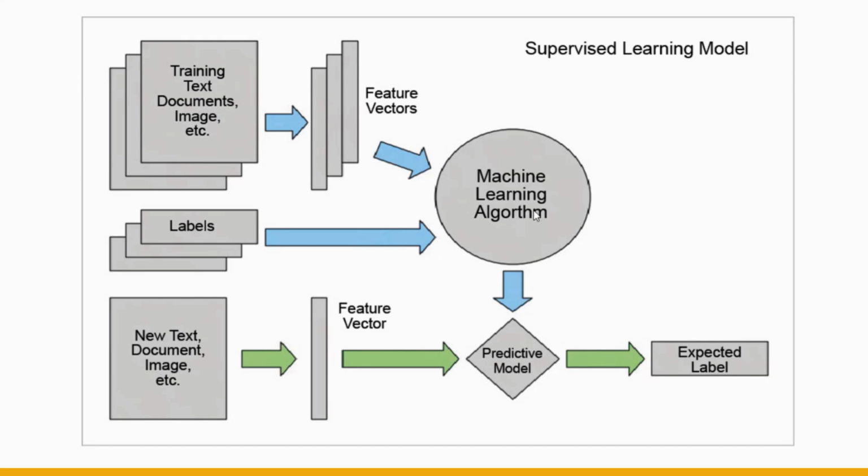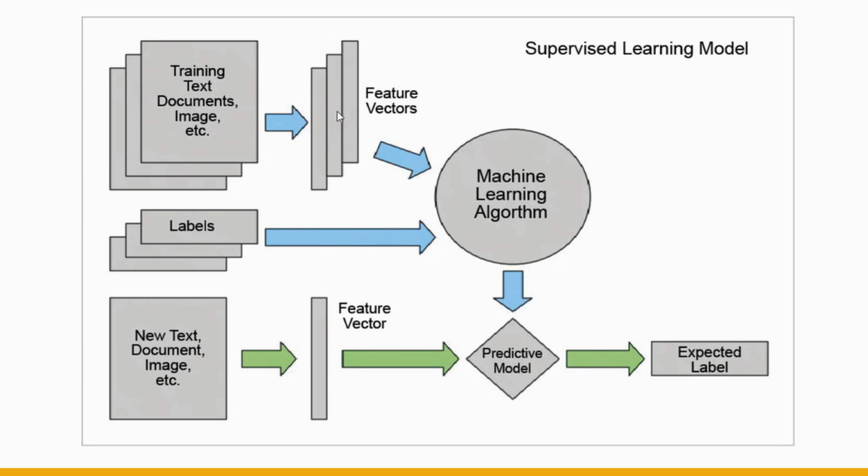So the training happens at the model, and once the training is done well, the model becomes efficient to predict any new data. For the new data, please note very keenly, there is no label given. The label is predicted by the algorithm which is trained with the past data. Here the data is not given directly to the algorithm. It is converted into a feature vector, right?